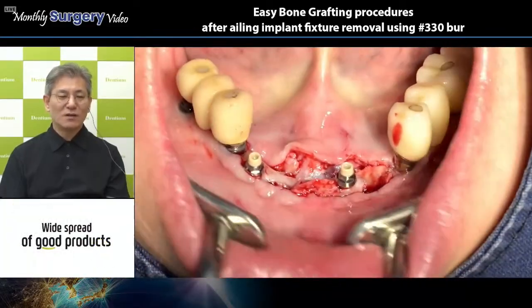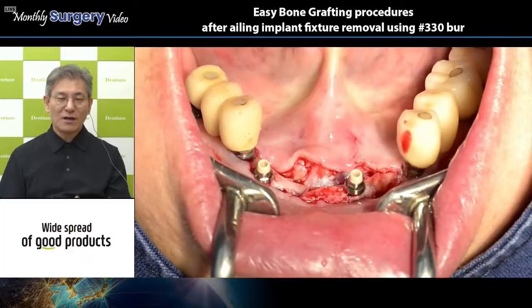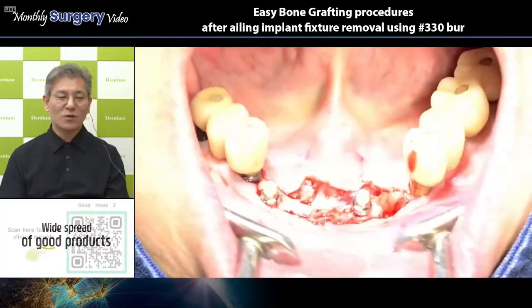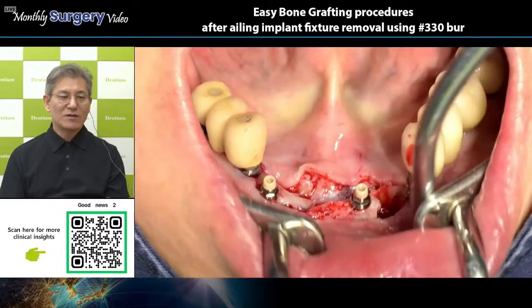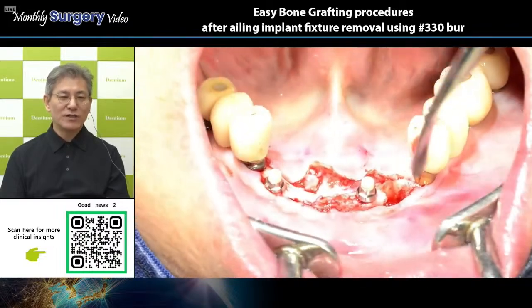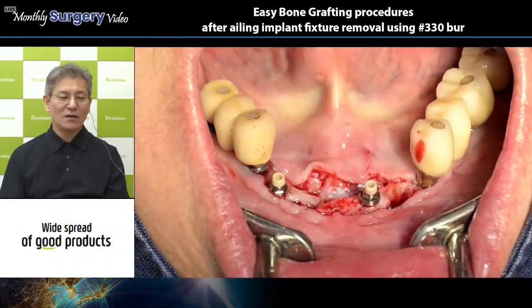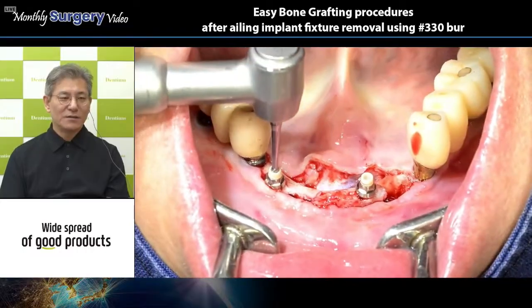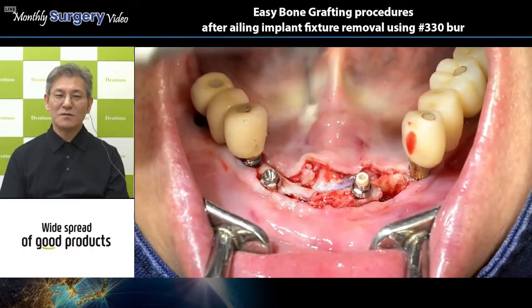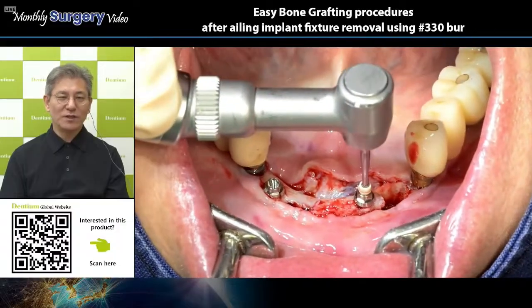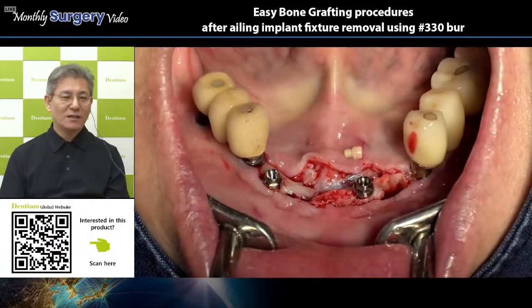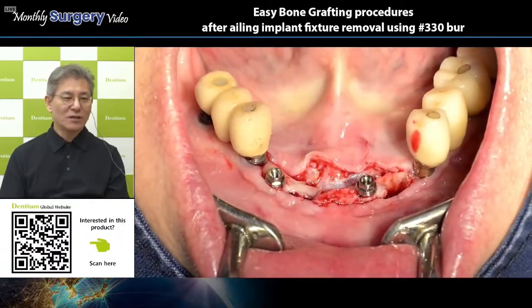But even when a little bit wide diameter and long body was installed in this very thick area, it is fast to remove using this 330 bur, high-speed, long shank bur, and that is a very versatile and useful tool to remove the already installed implant fixture.